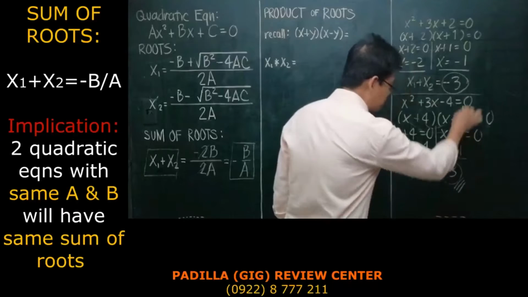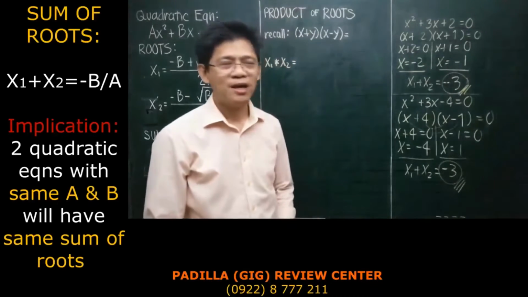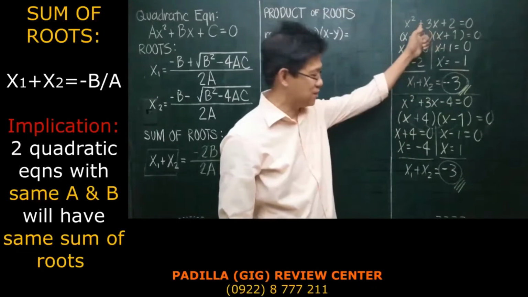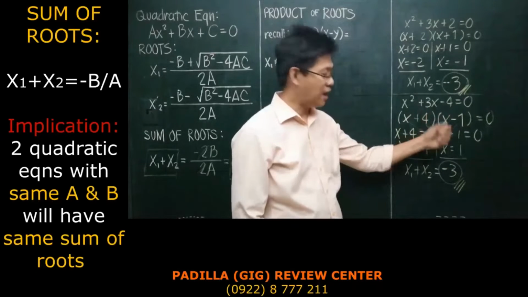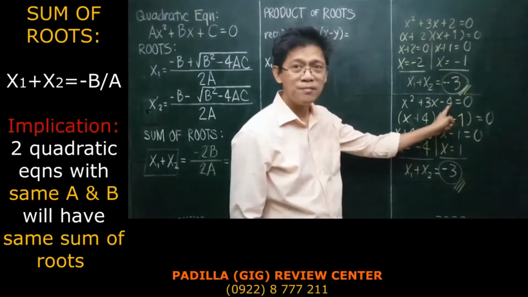Look at the sum of roots of the two equations. The roots are different: minus 2 and minus 1 for this, minus 4 and 1 for this one. They have different roots because they have different c.